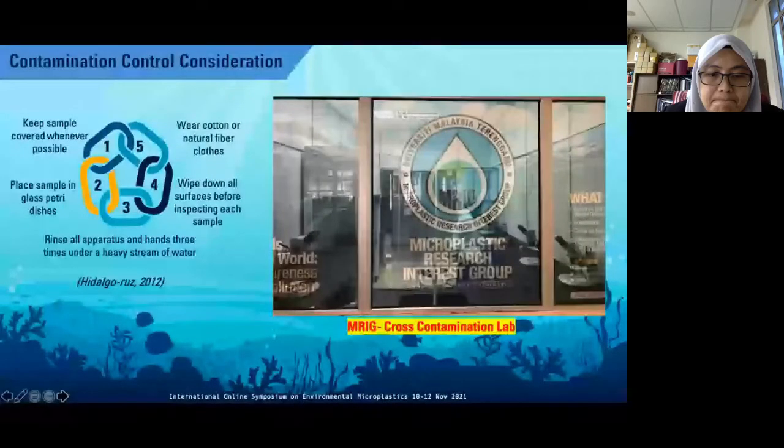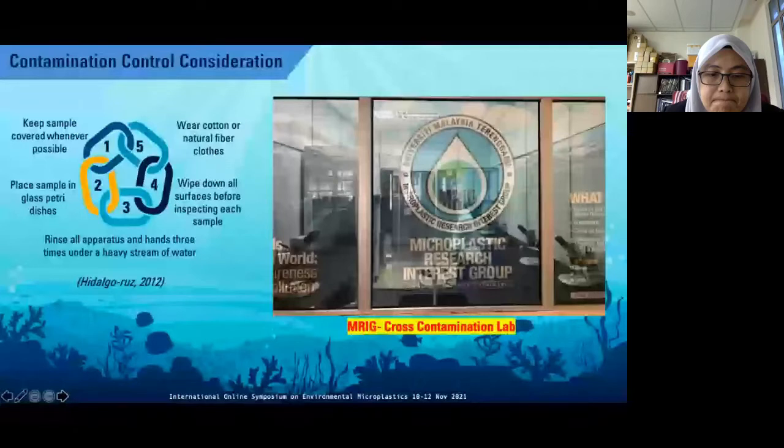These 8 polymers are very common in our environment. When you are dealing with microplastics analysis, I think all the steps are very important, but one of the most important things to consider is contamination control, since we know that there are also airborne microplastics. Nowadays people have published a lot on airborne microplastics, so we have to minimize that.